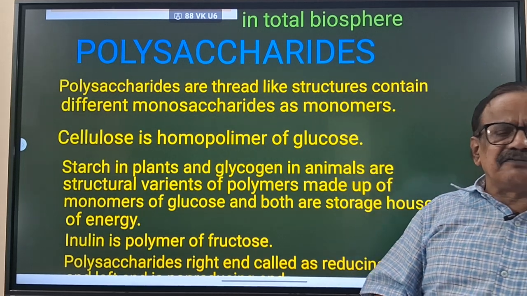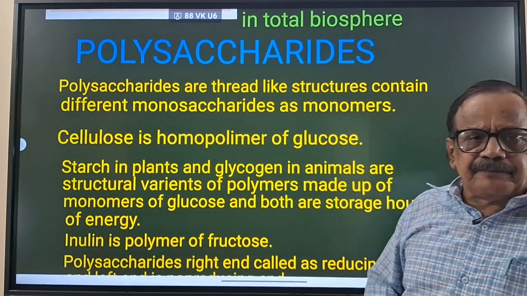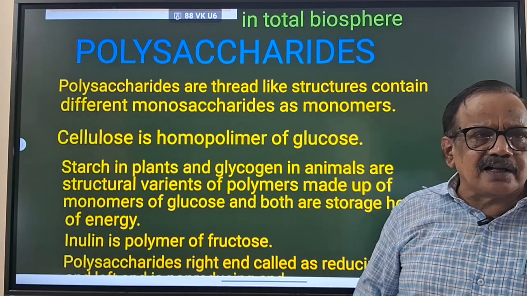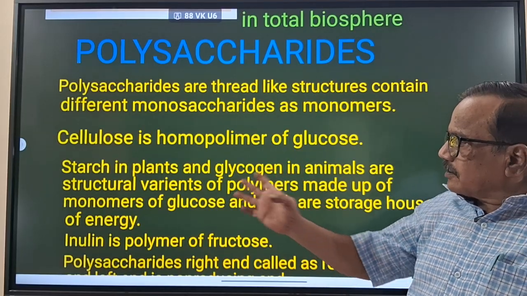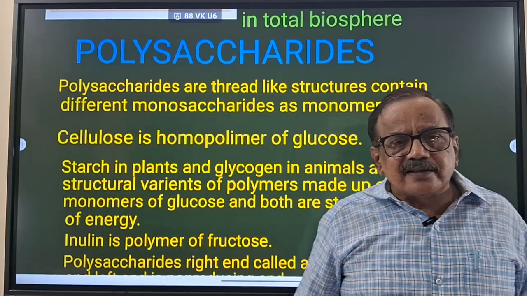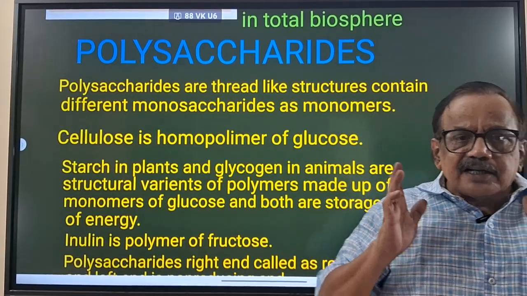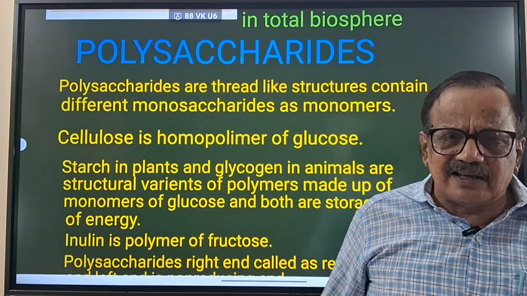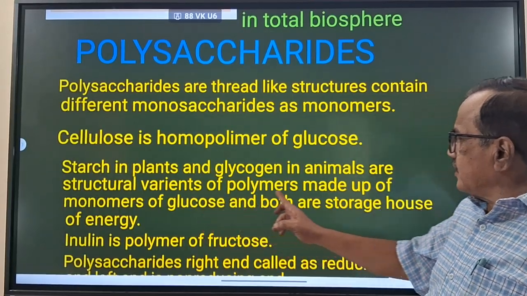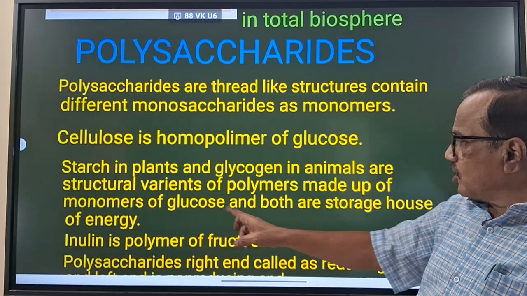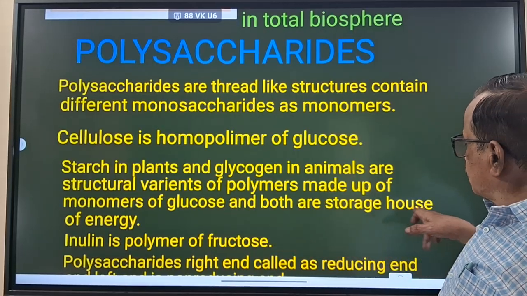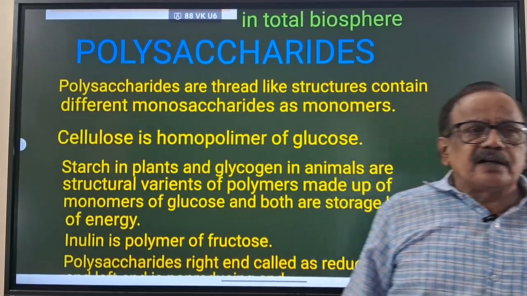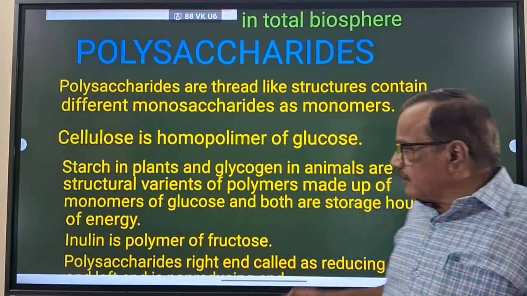The difference is structural, and based on that we give the names. Cellulose works in cell wall formation, and glycogen and starch are used as storage of energy. So the polymers are made up of glucose monomers, and both starch and glycogen are storage houses of energy.